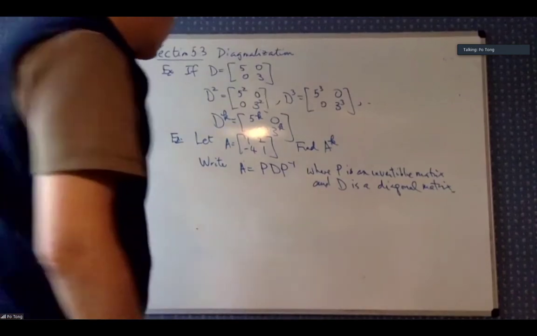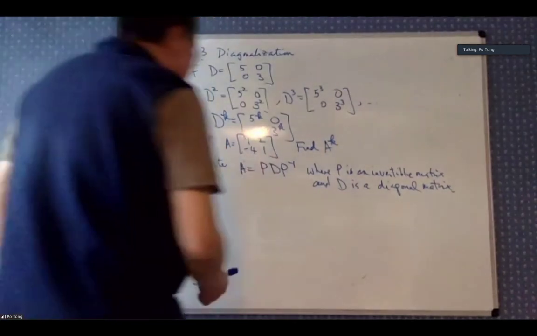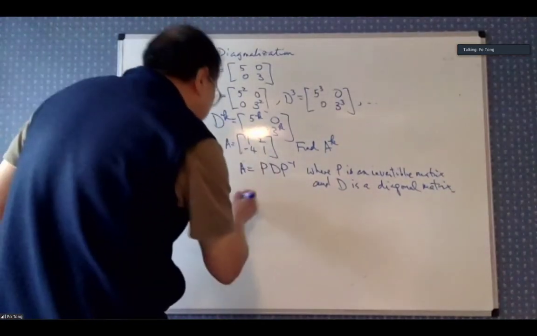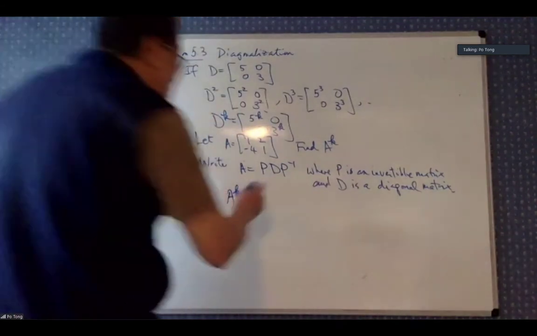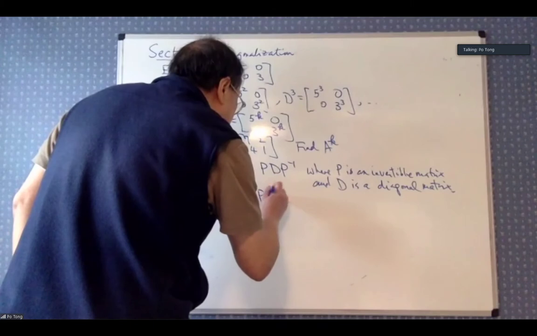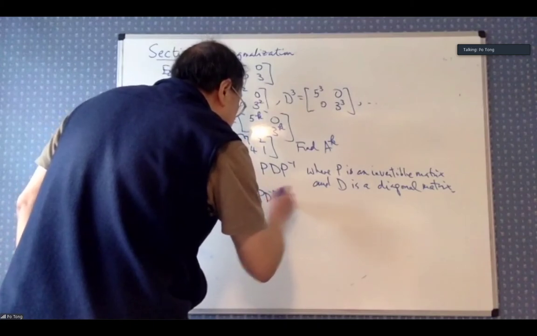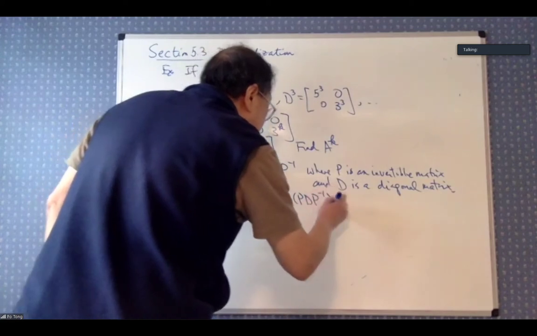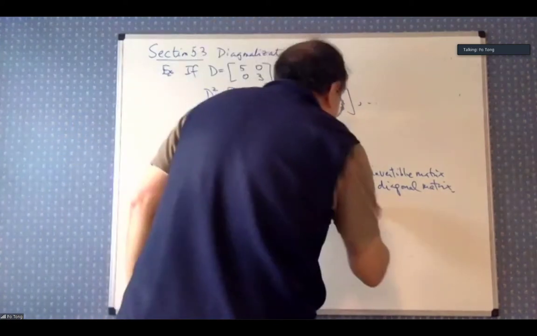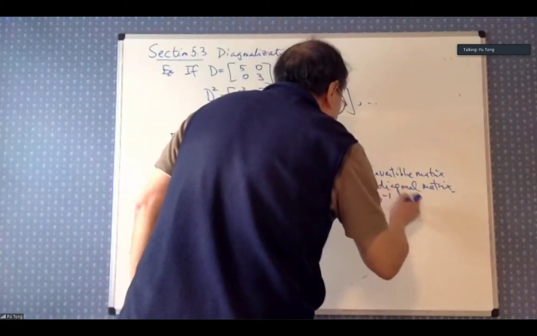But I'm going to jump ahead and show you what happens if that is the case. Then A^k will be PDP inverse times itself, all the way, k times.